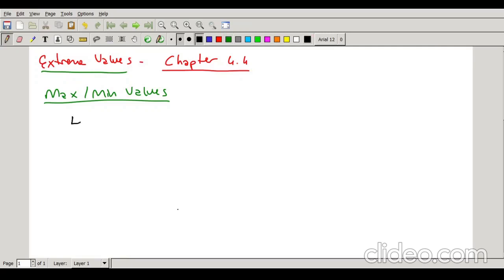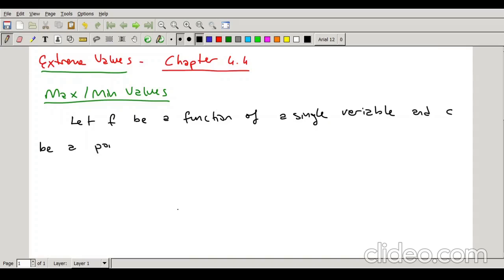Let f be a function of a single variable, like y is equal to f of x, and let this number c be a point in the domain of f.